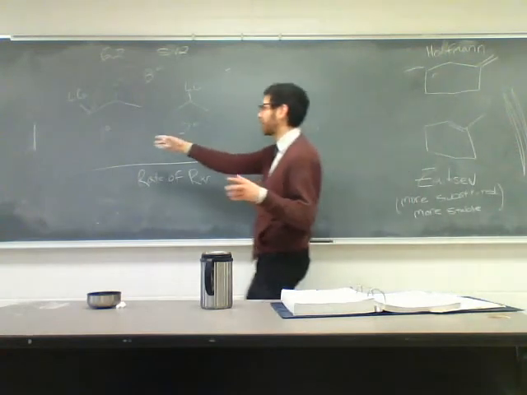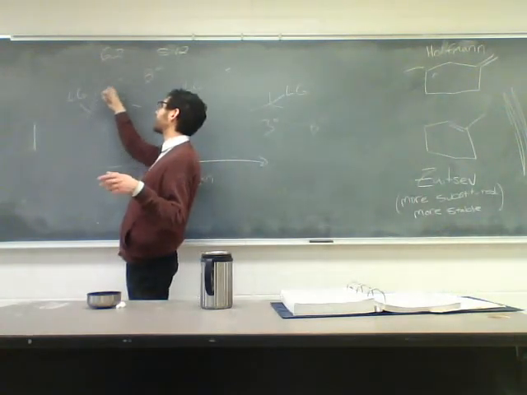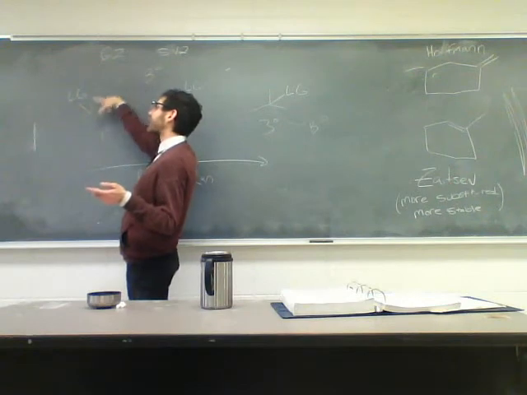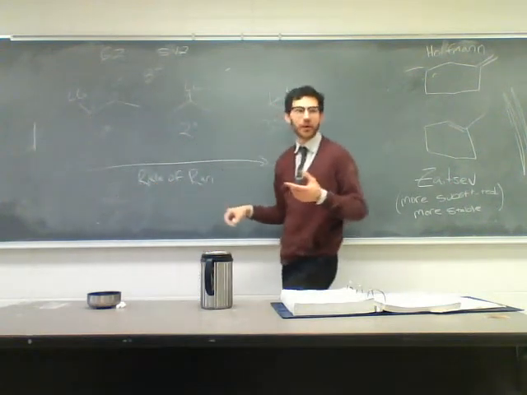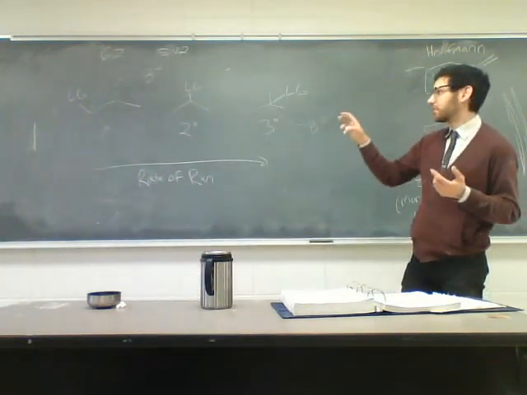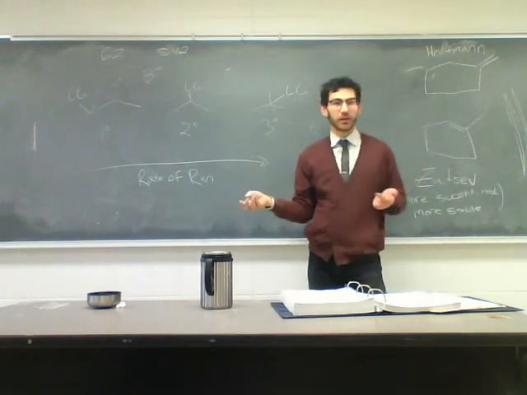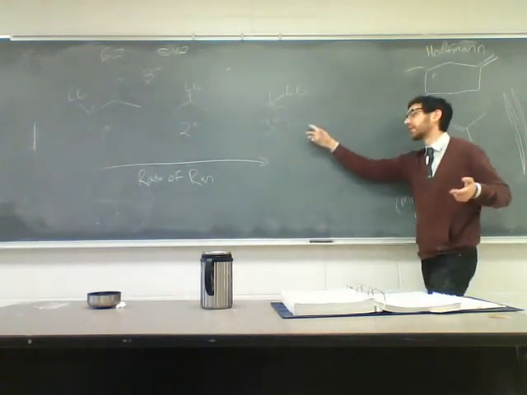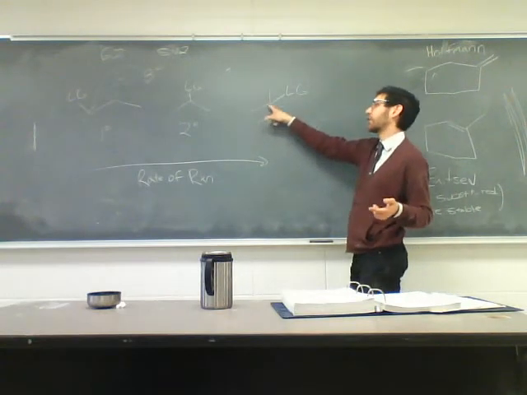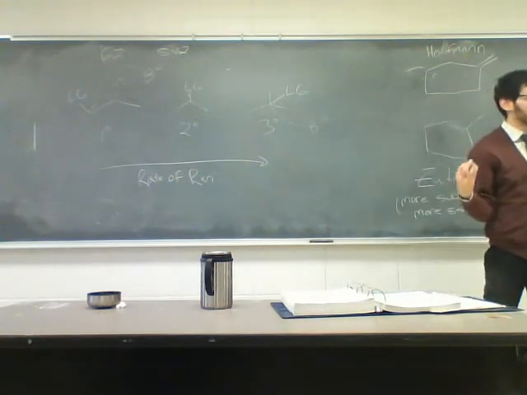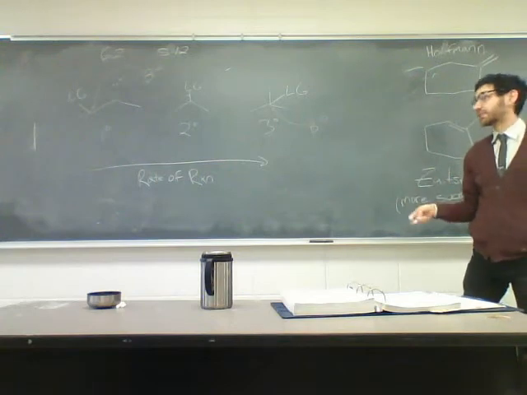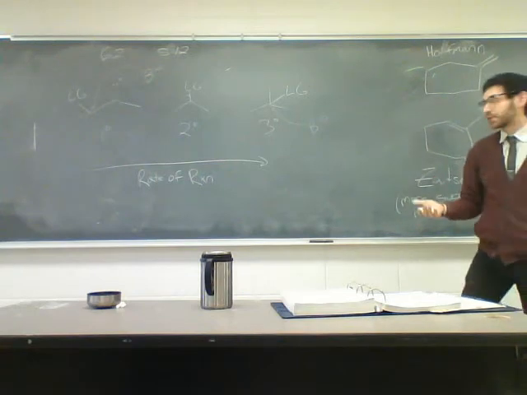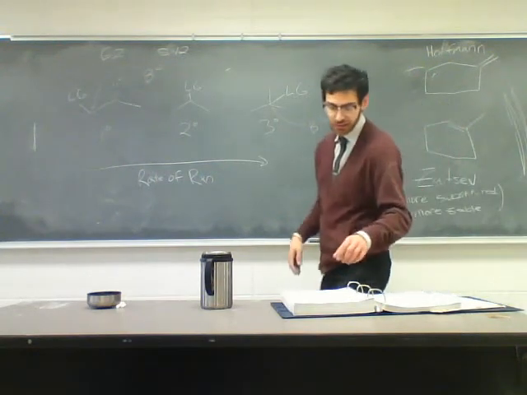Here, with our primary substrate, our base is like, yeah, I could take that hydrogen, but I could also go right in there, and that would be really easy for me. There's already a buildup of partial charge there. Well, here, the base cannot attack the carbon that holds the leaving group because there are a large number of substituents around it.